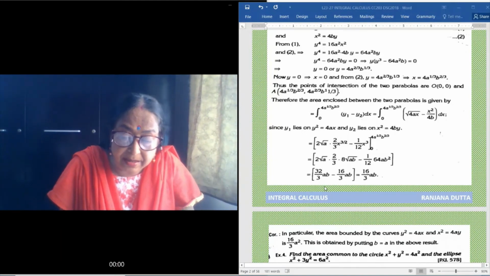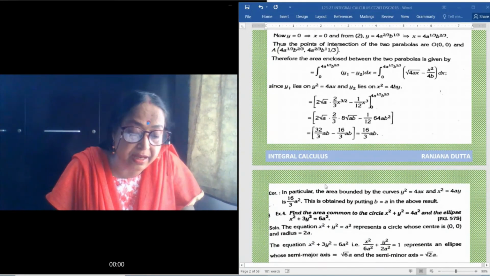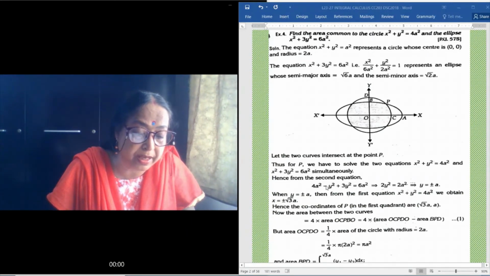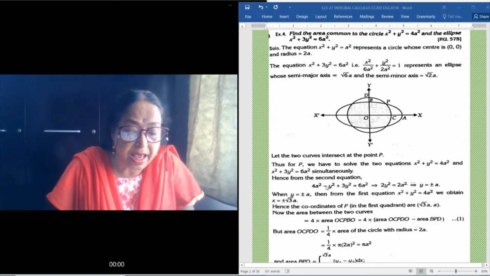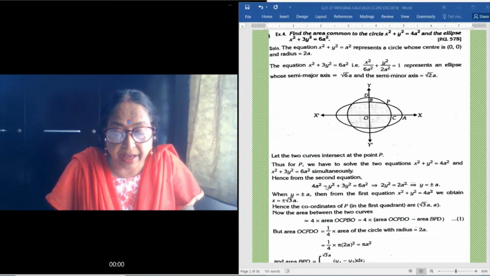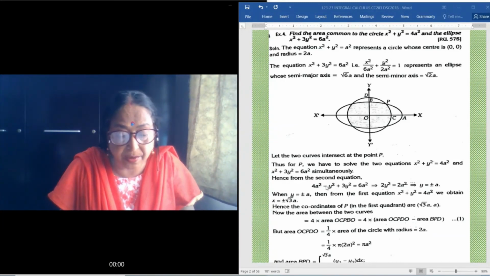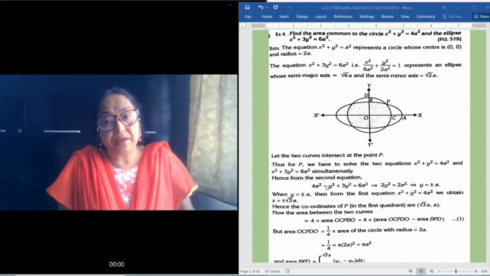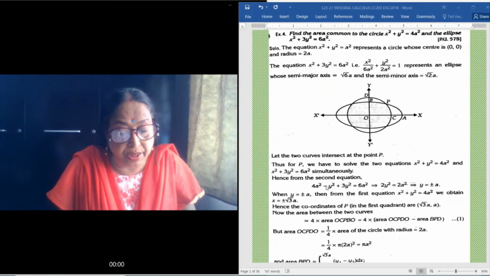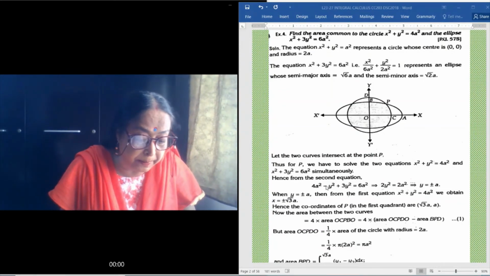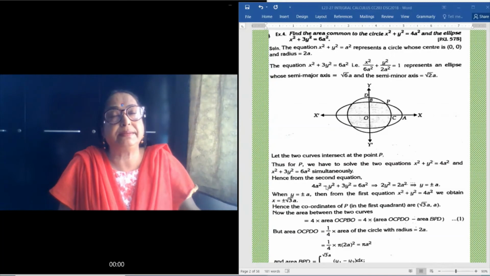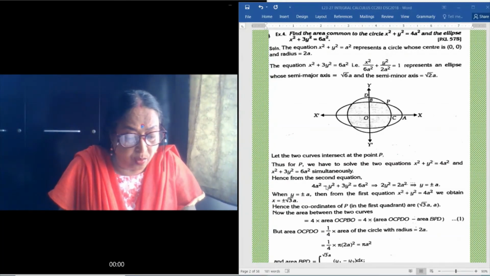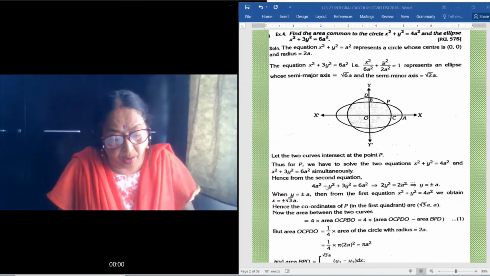Similarly, find the area common to the circle x square plus y square equal to 4a square and the ellipse x square plus 3y square is equal to 6a cube. Again, solving these two equations, we can get the coordinates of P and C, and so on.